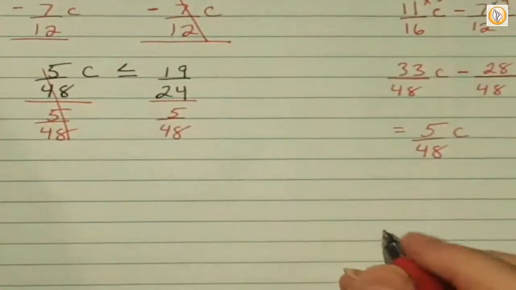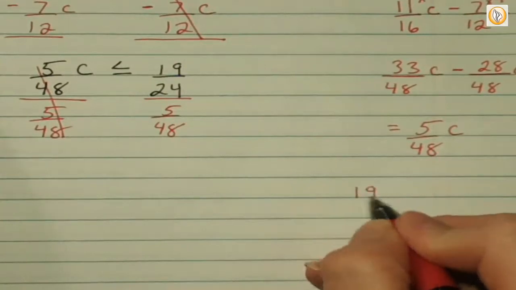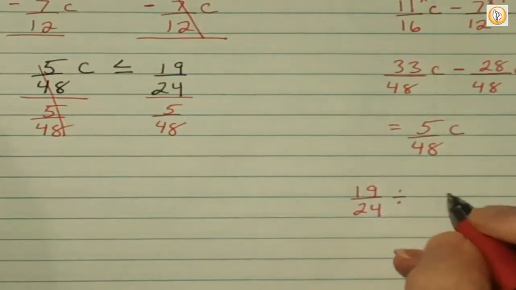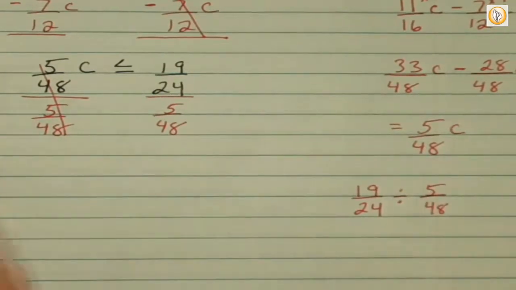So I'll come back over here, and what do I write first? Good. Divided by 5 over 48. Okay. Can I do any cancellation?